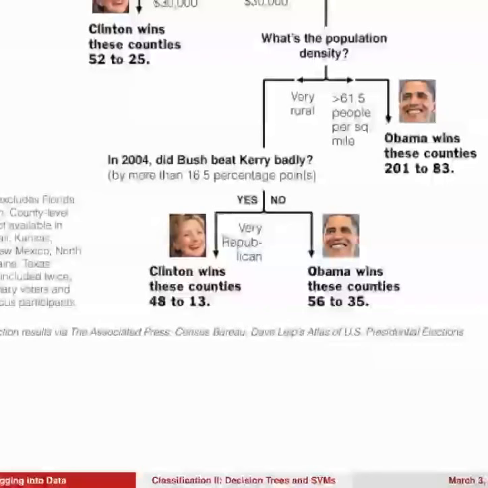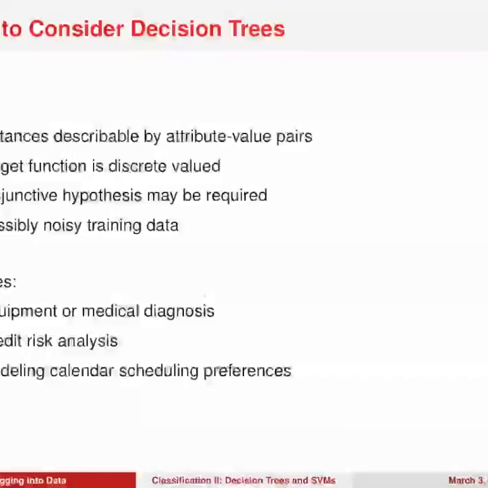In class, we'll go through how you would represent simple functions using decision trees. Decision trees are a good choice when you have a very large number of features and where your training data are likely to be fairly noisy, or in cases where you need to represent your final classifier in a way that humans can understand.